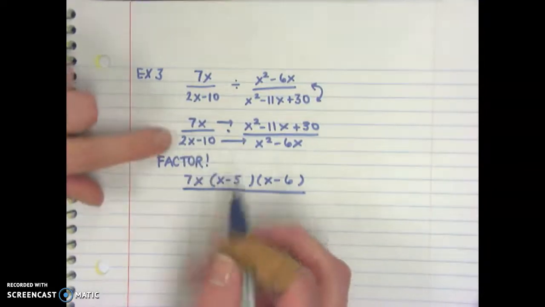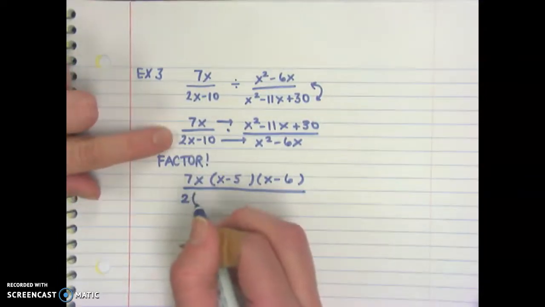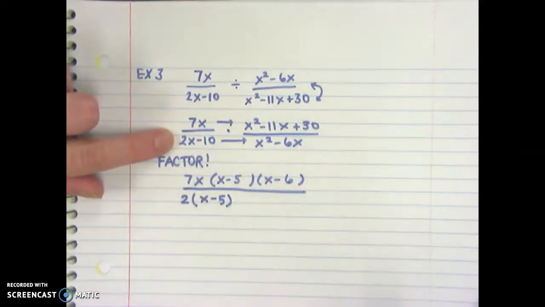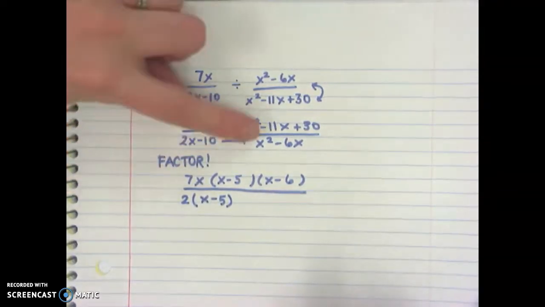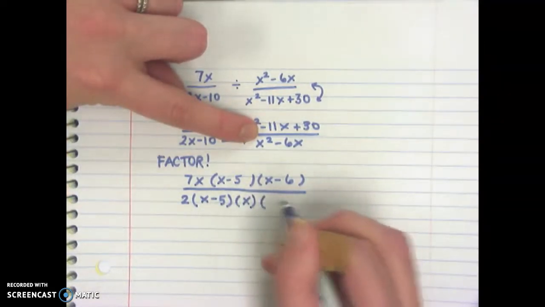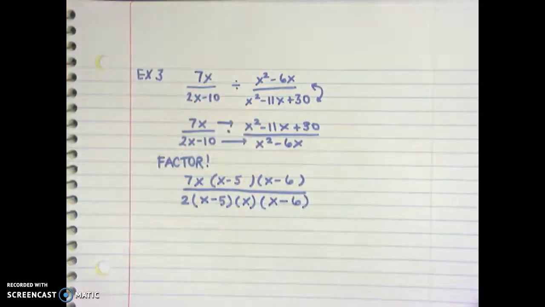Factoring the denominator, I can factor out a 2. I'm left with x minus 5. And then I can factor out an x. I'm left with x minus 6. So I did the factoring and the multiplying straight across in one step.